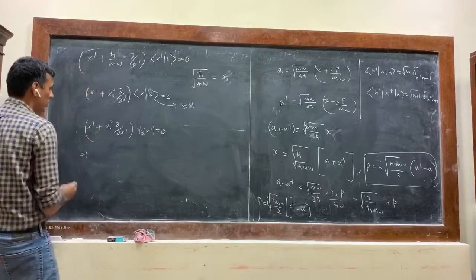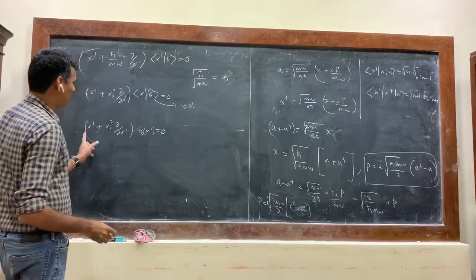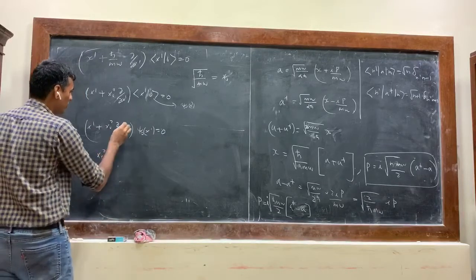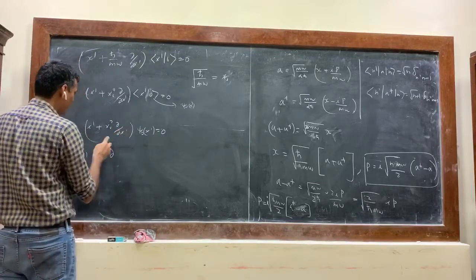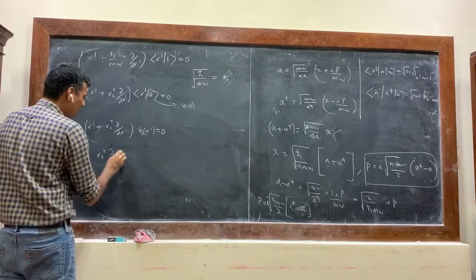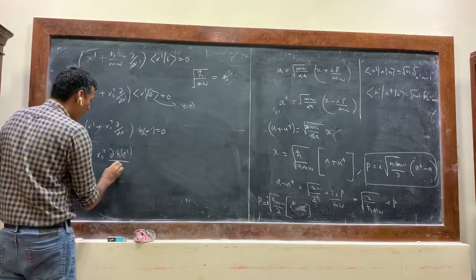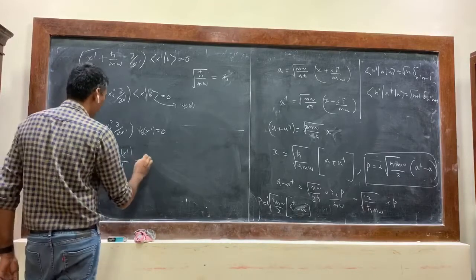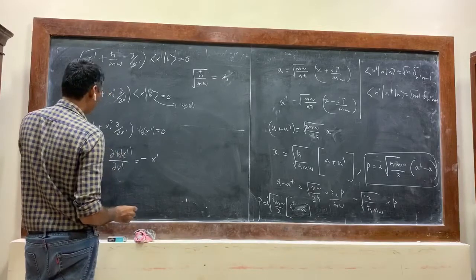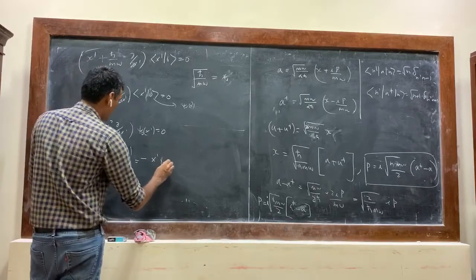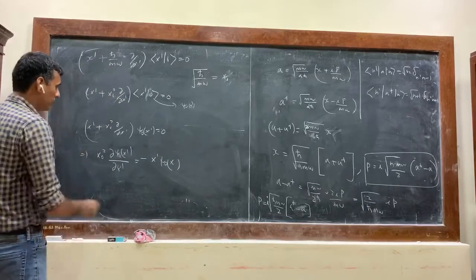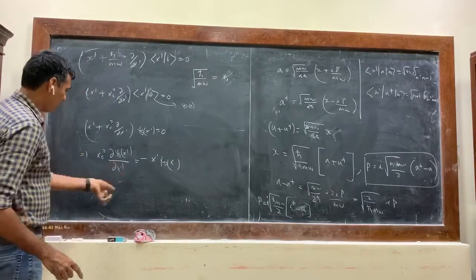Or you take this quantity to the right side. So you get x0 square into del psi 0 of x prime divided by del x prime is equal to minus x prime psi 0 of x prime.